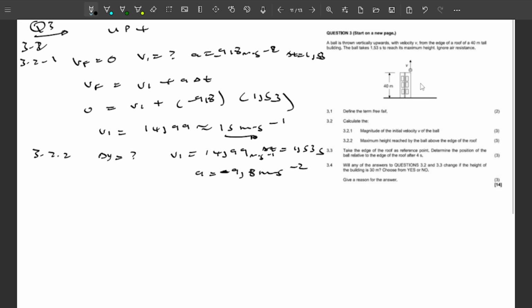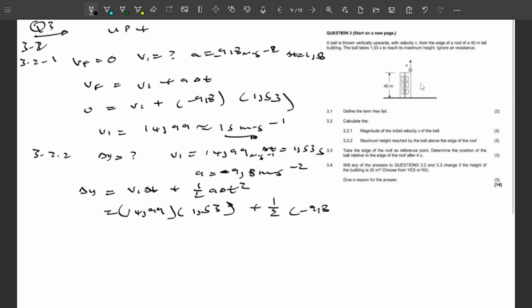The equation that I'm going to use is change in y equals v initial change in t plus 1 over 2 a change in t squared. Since my v initial is 14.99 or 15 as you like, the time is 1.53, and the acceleration is negative 9.8, with 1.53 squared.